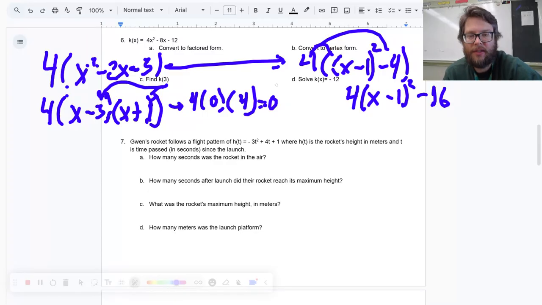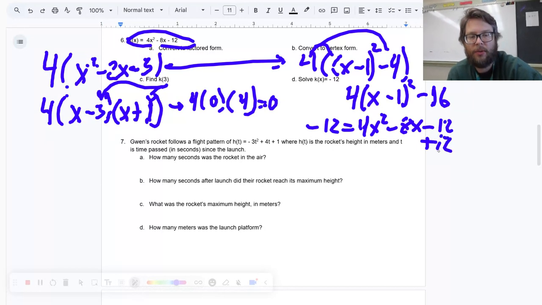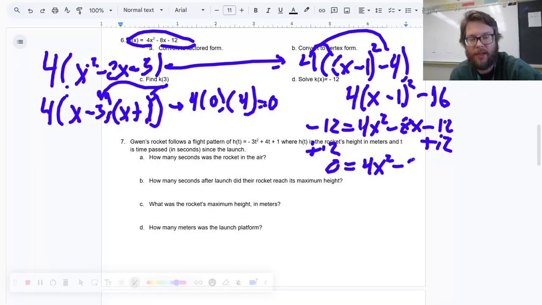And then solve k of x equals negative 12. I'm going to go ahead and use my standard form on this one, because I see that that has a negative 12 in it. So I'm setting my problem equal to negative 12. And I'm going to try to solve for x. I can do that first by adding 12 to both sides. So I get 0 equals 4x squared minus 8x.